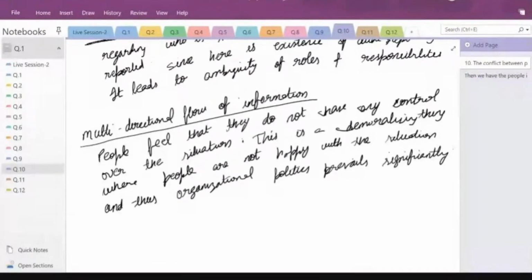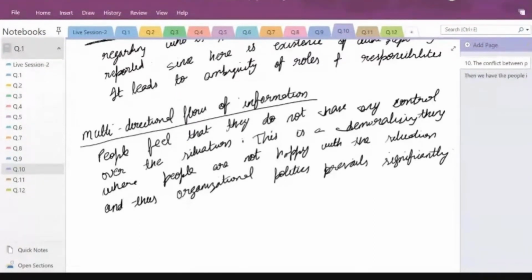So, this was about the disadvantage of matrix organizational structure. We can also say that at some point people are not sure about their professional growth. See, dual reporting is a problem.